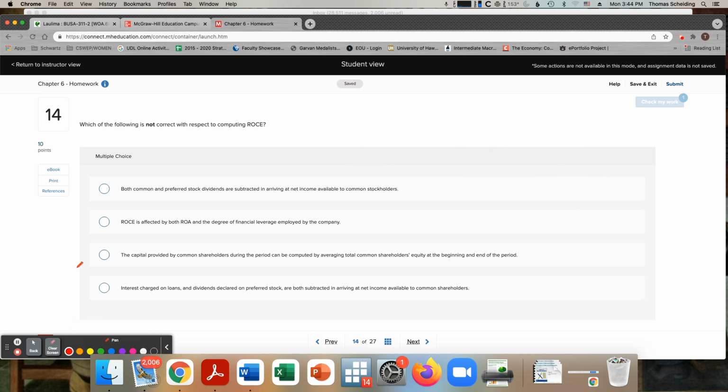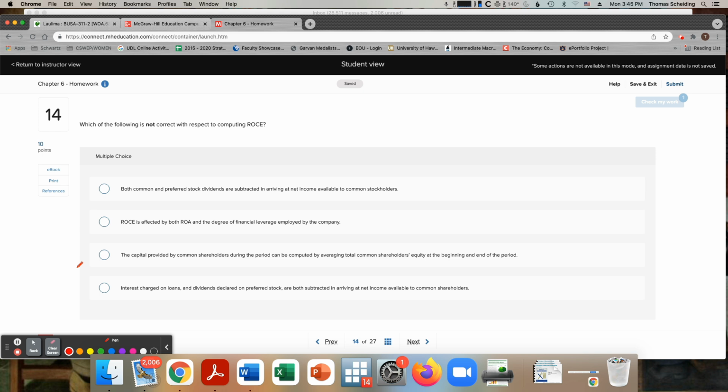Which of the following is not correct with respect to calculating RCOE? In terms of returns on capital employed, this is just definitional. There's not much I can say without saying what the answer is.